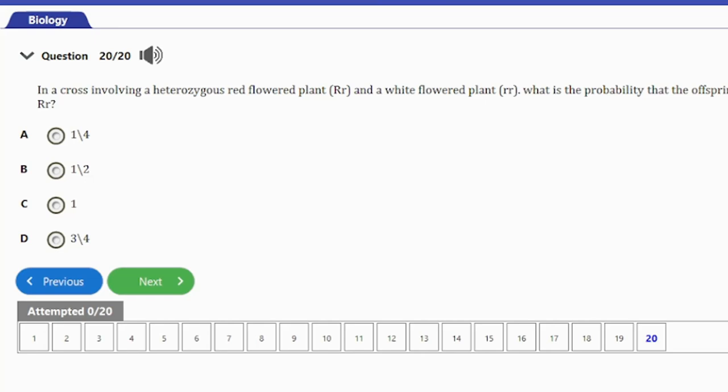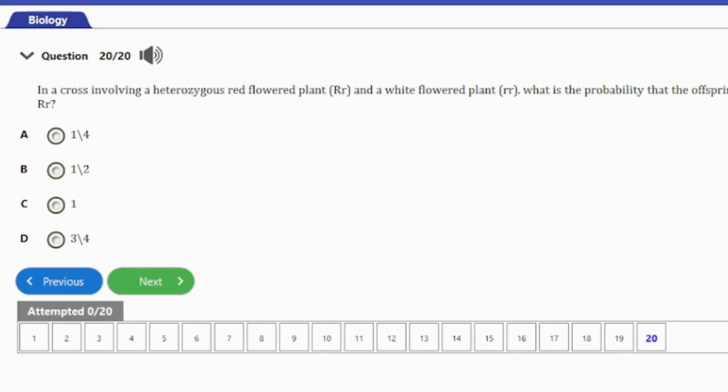So guys, again, you have to always consider and remember that when you cross a heterozygous plant with a homozygous recessive plant, you always have the phenotypic ratio 1:1. Actually, it's 2:2, which results to 1:1.